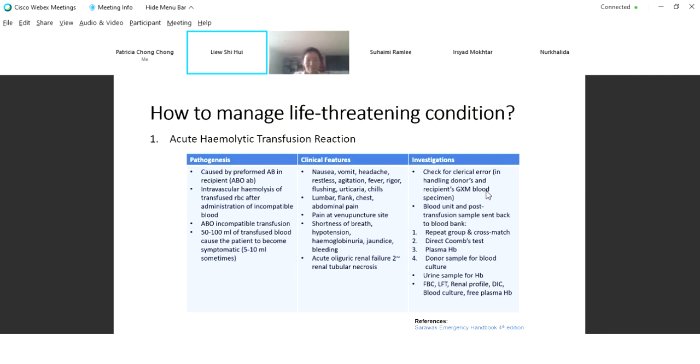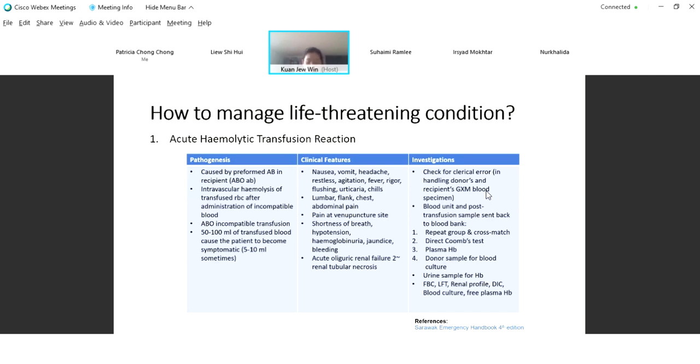Even 50 to 100 ml of the transfused blood will cause the patient to become symptomatic. Not even 50 to 100, that is quite a lot already. It is a smaller amount than that. The patient is already symptomatic. 5 to 10.